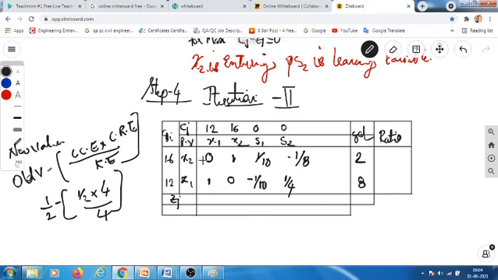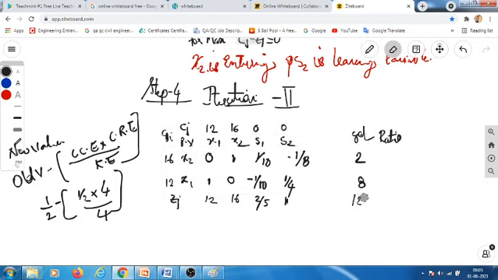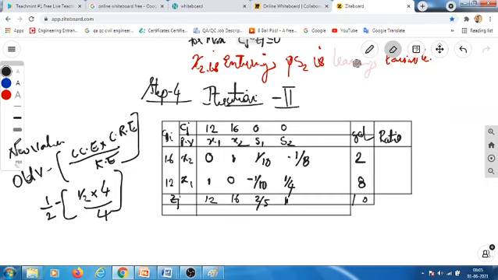How to calculate Zj? 16 into 0 plus 12 into 1, so the value is 12. 16 into 1 plus 12 into 0, the value is 16. 16 into 1 by 10 plus 12 into minus 1 by 10, this value is around 2 by 5. 16 into minus 1 by 8 plus 12 into 1 by 4, the value will be around 1. 16 into 2 plus 12 into 8, the value is 128.